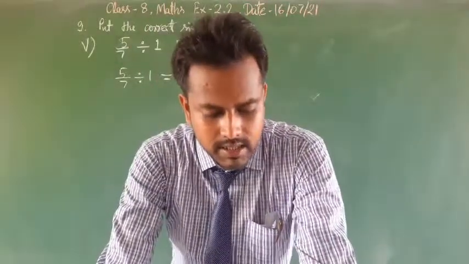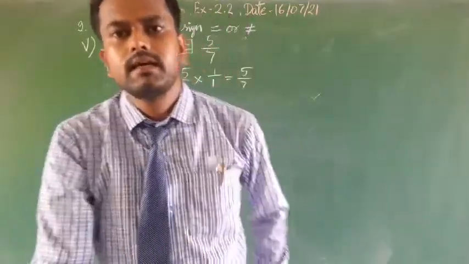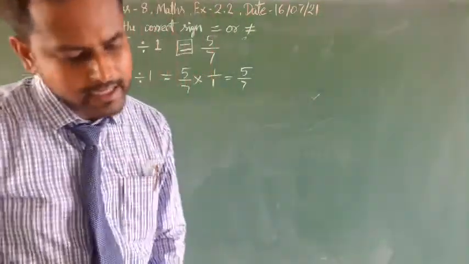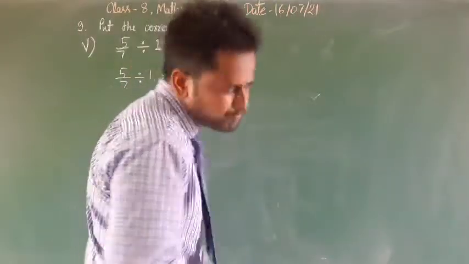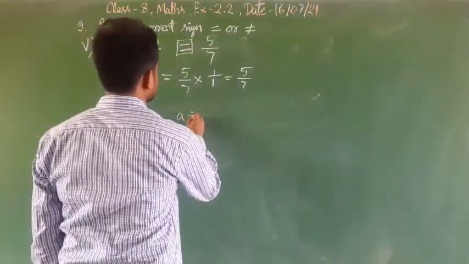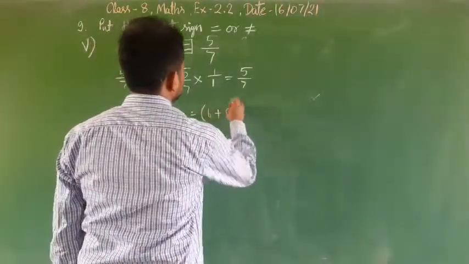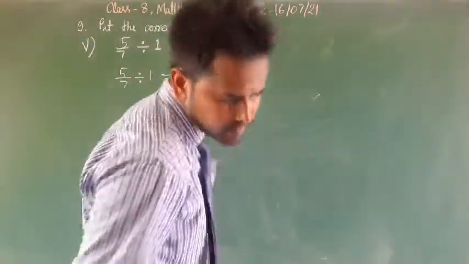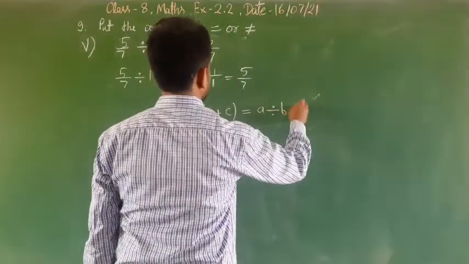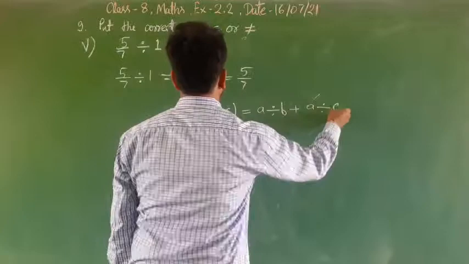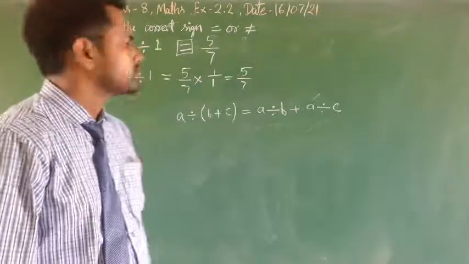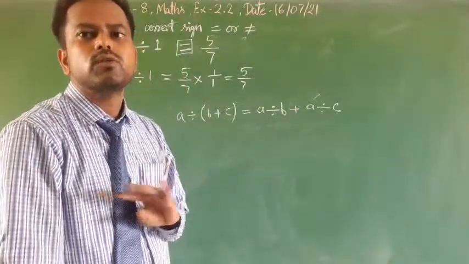Last statement is, if A, B and C are rational numbers, then A divided by B plus C is equal to A divided by B plus A divided by C. In 6th statement I told you associative property do not hold.